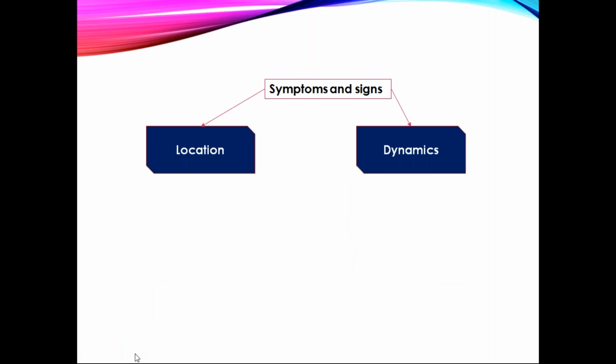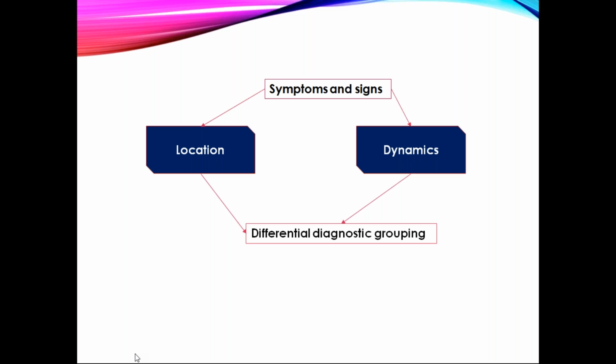What is the use of these signs and symptoms? You have to see what is the location of the tumor. It will help us evaluate whether it is pulsating or non-pulsating, unilateral or bilateral, axial or abaxial. So different dynamics based on the location, how the tumor is protruding forward. These things you have to evaluate.